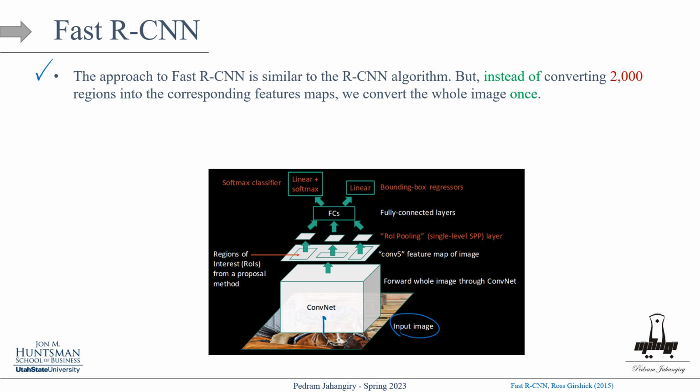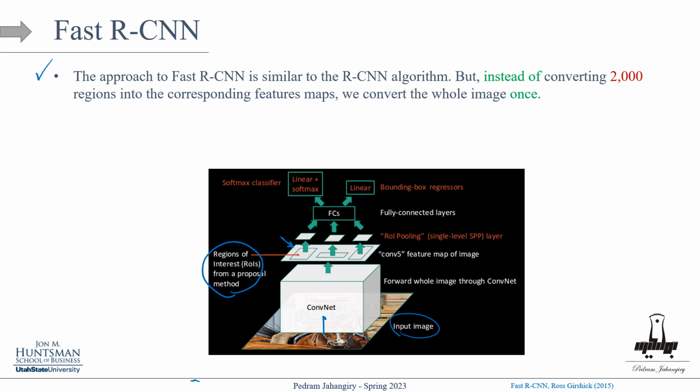And then from those feature maps, we apply our heuristic, our search algorithm, to come up with, let's say, another 2,000 regions of interest, ROIs. The point is that the search algorithm is using the feature map to figure out those 2,000 ROIs. Then we want to pass them to a fully connected layer, but there's a problem here.